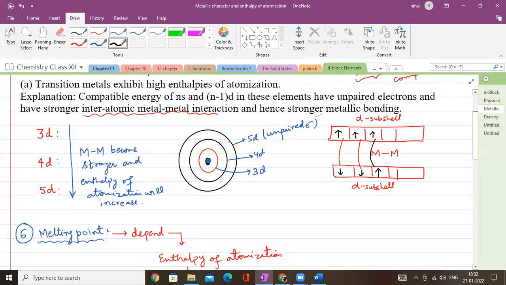The number of unpaired electrons can be made quite easily. यानी मैं बहुत आसानी से अनपेयर्ड कर सकता हूं. यानी 3D में अगर 4 अनपेयर्ड इलेक्ट्रॉन है, 5 है, तो 4D में बहुत आसानी से अनपेयर हो सकते हैं, बिकॉज इट इज क्वाइट अवे फ्रॉम द न्यूक्लियस. एंड 5D तो इट इज ऑलमोस्ट वेरी इजी. So that means frequent metal-metal bonding is possible whenever we go from 3d to 4d and 4d to 5d. इसका मतलब enthalpy of atomization जो होगी वो increase करेगी.